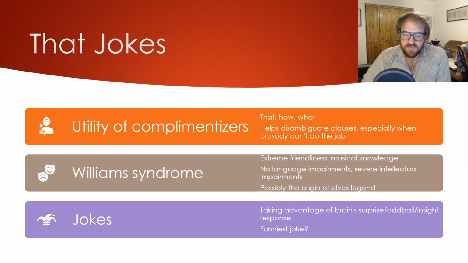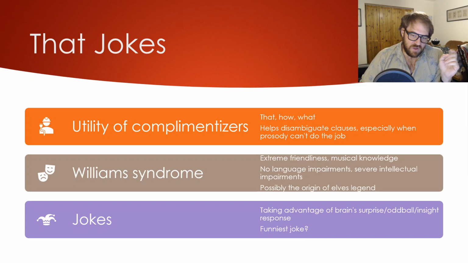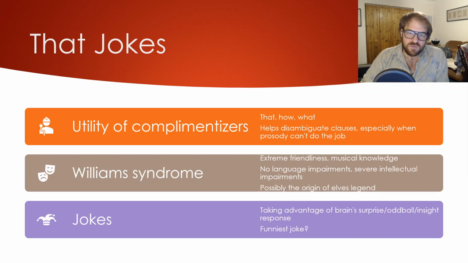Now, these three don't necessarily have a logical flow with one another. The jokes and Williams syndrome do, but not the complementizers. Williams syndrome is a very language-specific disorder, and what I mean by that is language is not impaired with this disorder. People with Williams syndrome are very linguistically adept.